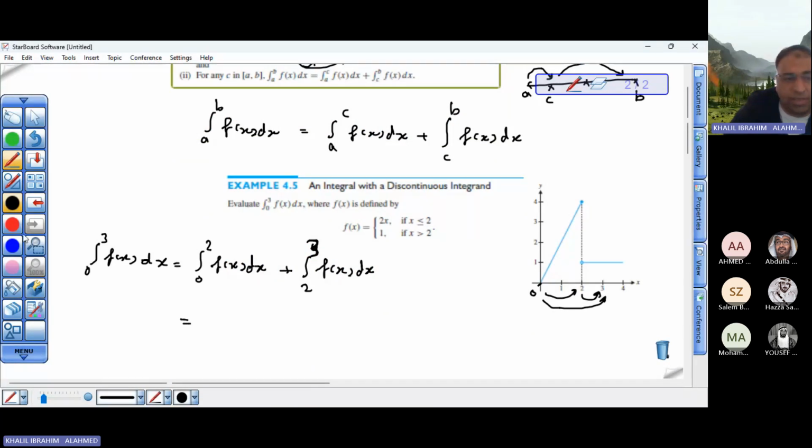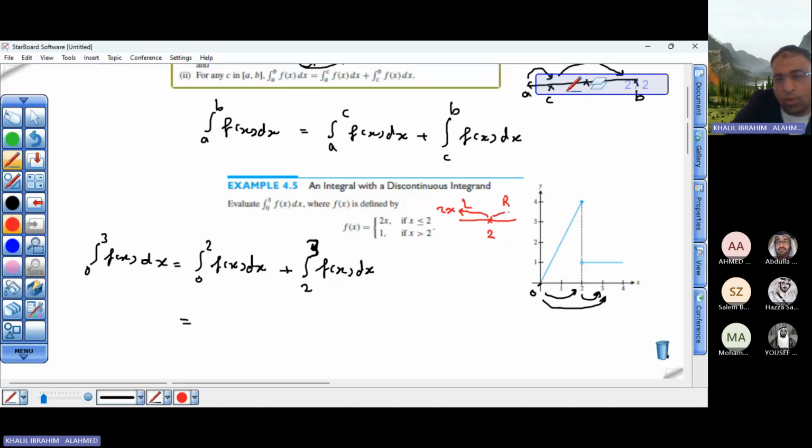Okay, you should select which function to use from 0 to 2, because there are two branches, separating the left branch and the right branch. This branch is for x less than or equal to 2. Which equation is here for this branch? 2x.